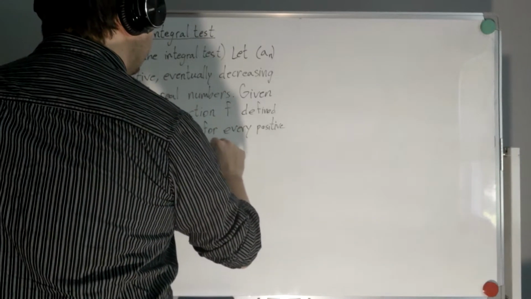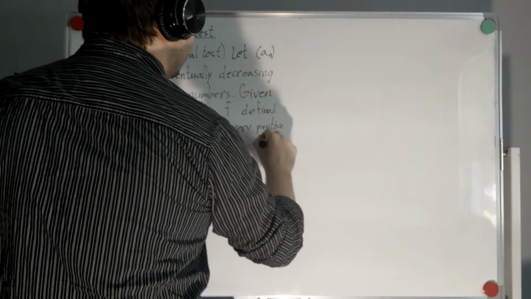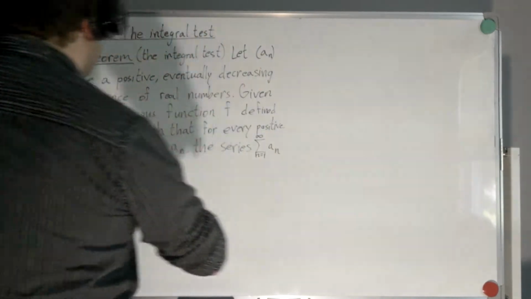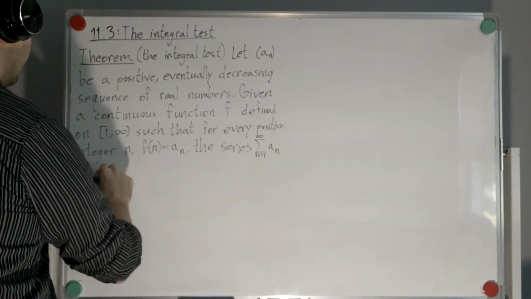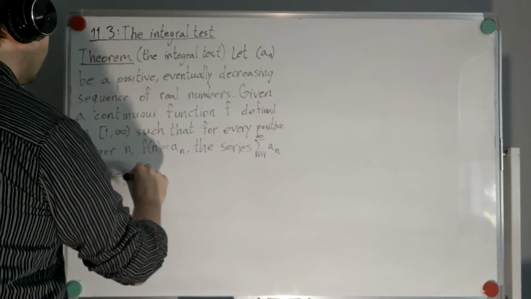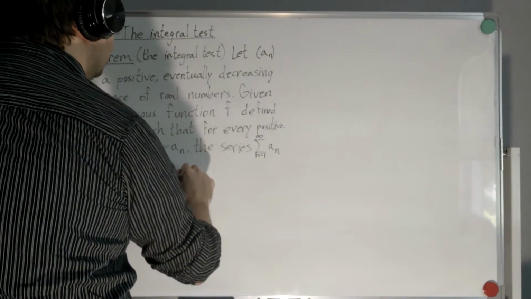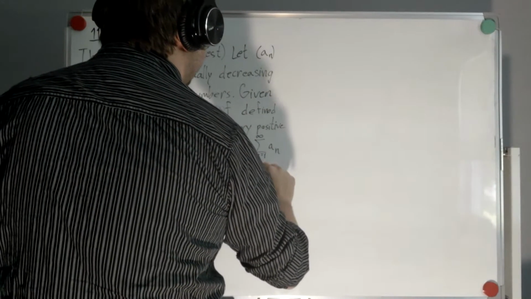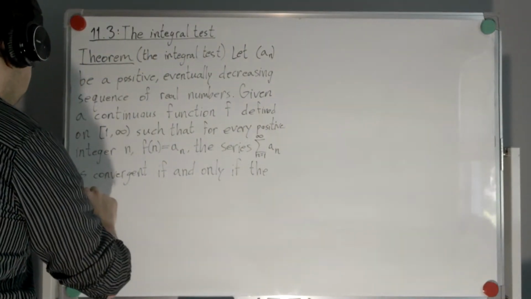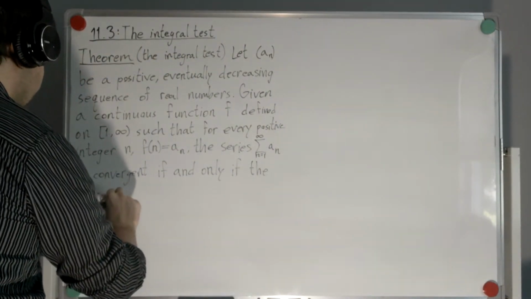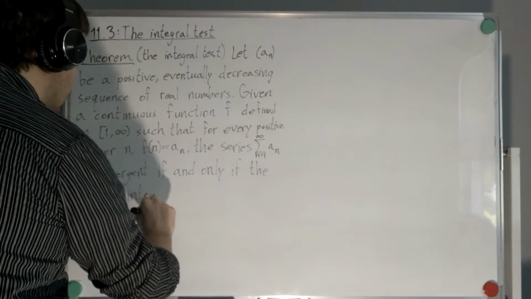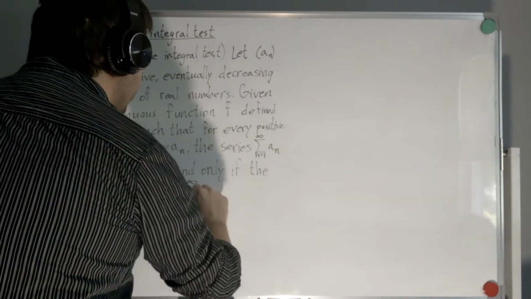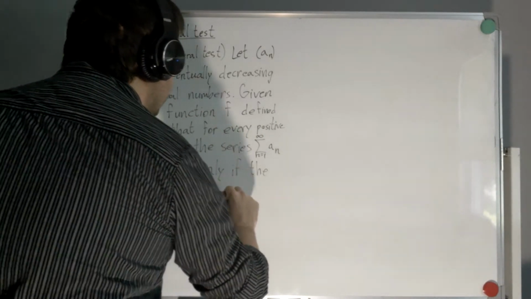The series sum from n equals 1 to infinity of a_n is convergent if and only if the improper integral from 1 to infinity of f of x is convergent.